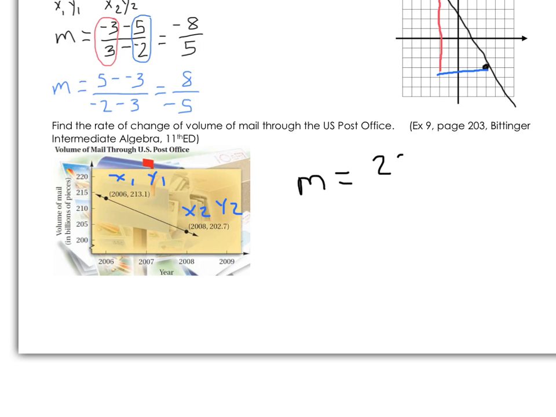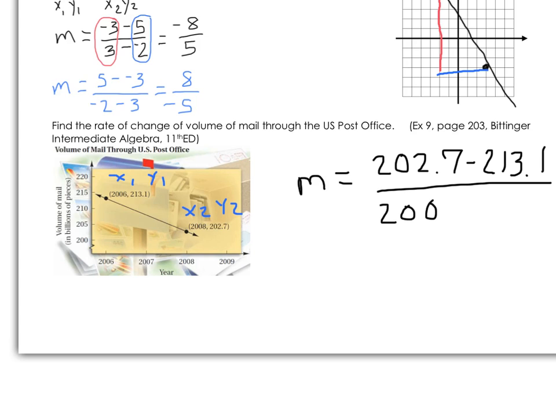So our slope will be y2, 202.7, minus y1, 213.1, divided by x2, 2008, minus x1, 2006.